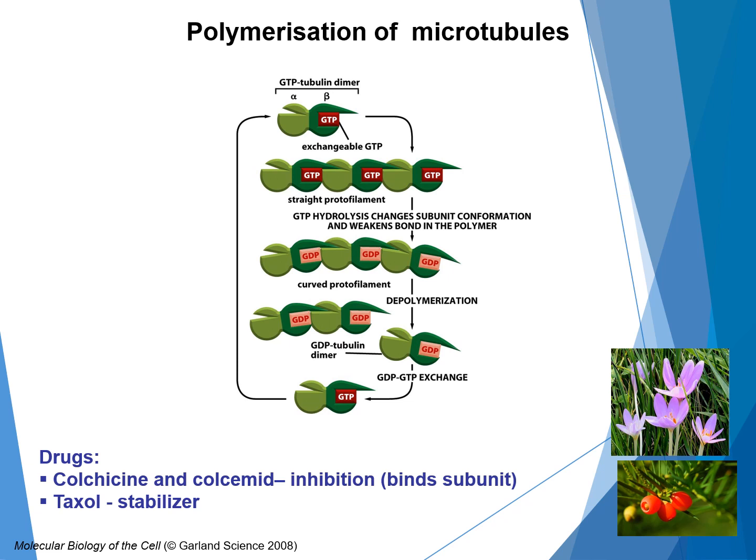Similar to the microfilament, the polymerization of microtubules also involves the conversion of energy. In microfilaments, the conversion occurs from ATP to ADP. However, in microtubule, the polymerization involves the hydrolysis of GTP to become GDP.